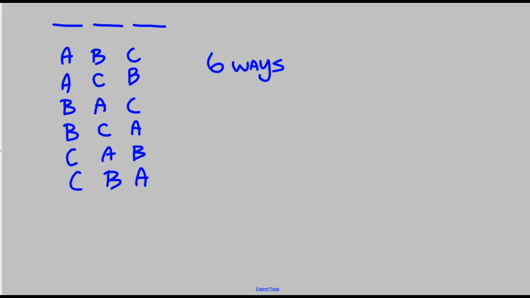What did I essentially do there? I took how many people were possible for the first desk? 3, right? How many choices did I have to put in the front? 3. And then after I made that decision, how many choices did I have for the second one? 2. And then for the third one, 1.